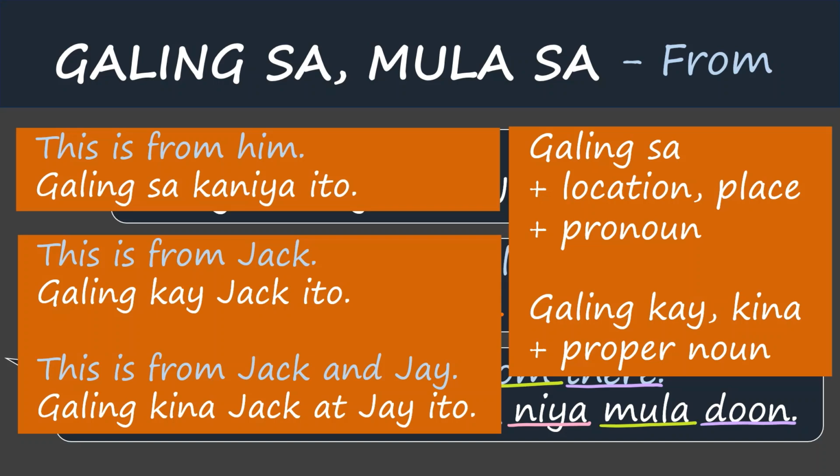But, if the sentence uses proper nouns more than one person, this is from Jack and Jay. Then we say, galing kina Jack at Jay ito. These rules are applicable to many prepositions or pang-ukol in the Filipino language.